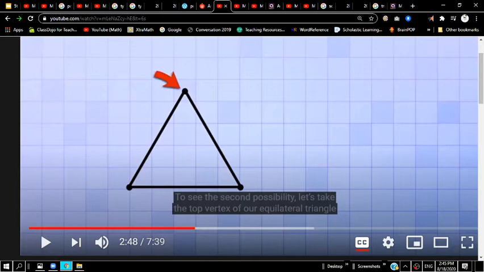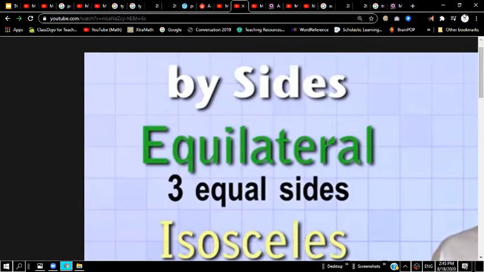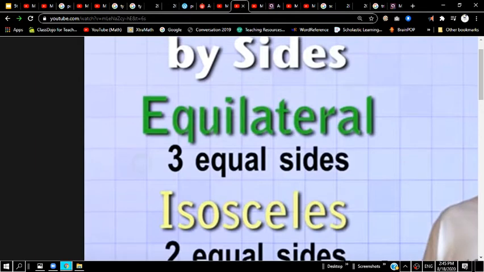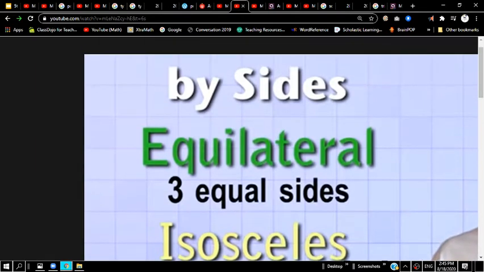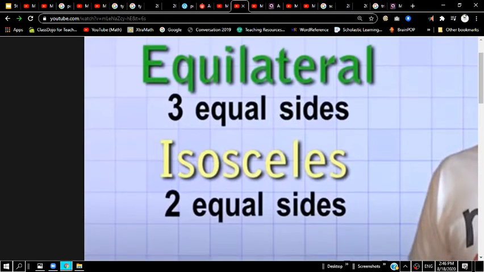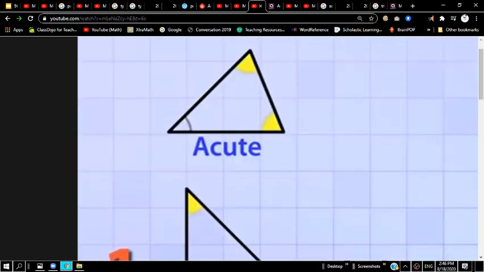So if you watch that video till the end, you'll be able to understand that there are different types of triangles, like equilateral triangles and isosceles triangles. The difference is that an equilateral triangle has all three sides the same. They measure exactly the same. Versus an isosceles triangle where only two sides measure the same.